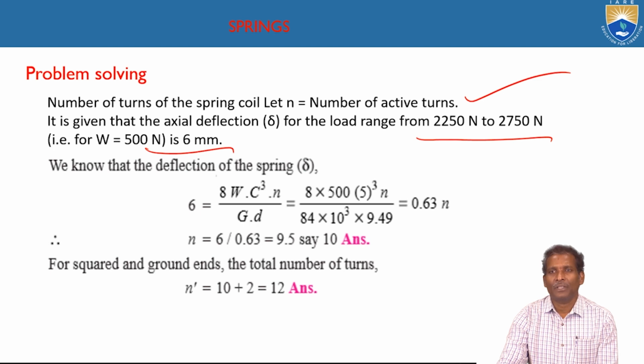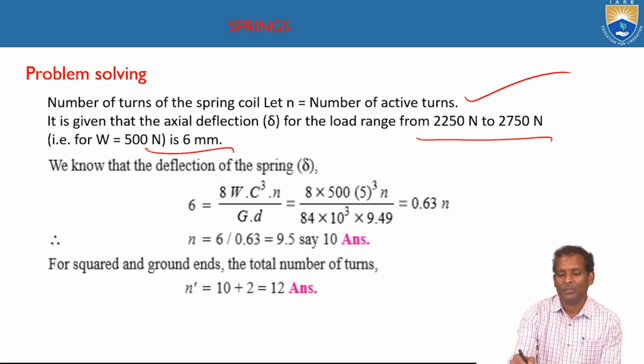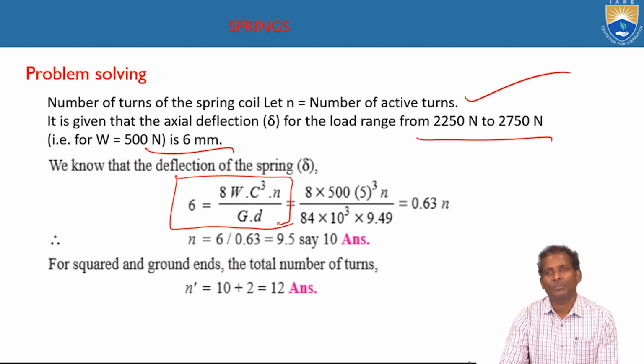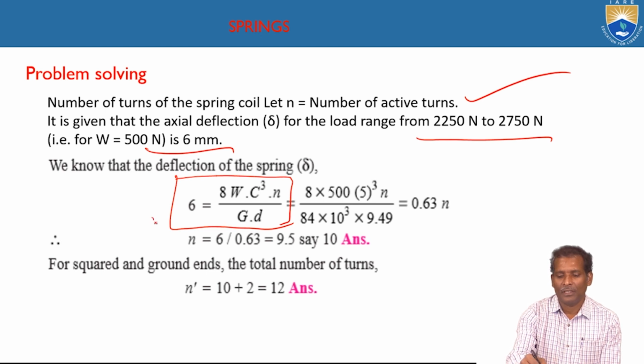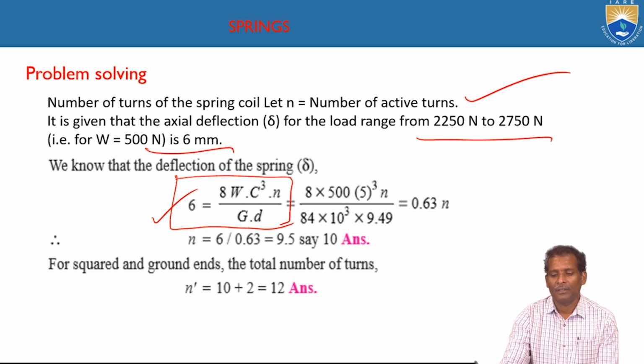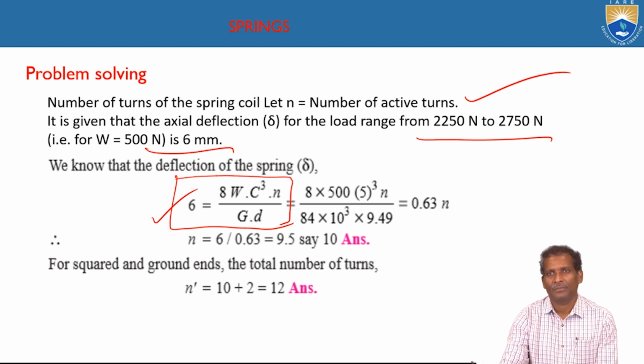So you know that the deflection of the spring delta is equal to 8 W C cube N by G d. Here delta, the deflection, is already given in the problem, W is the load, C is the spring index, and N is number of active turns.